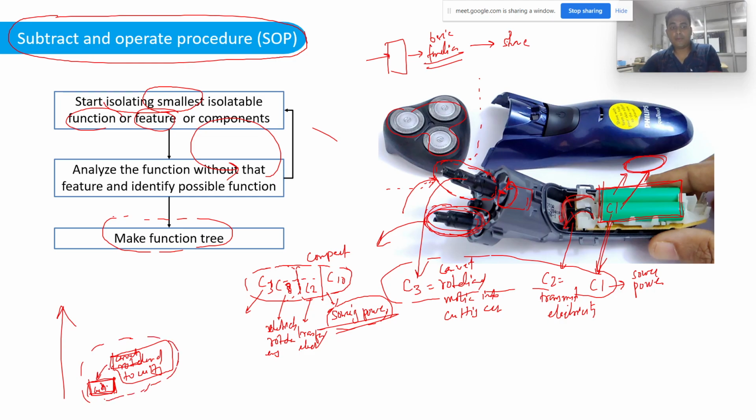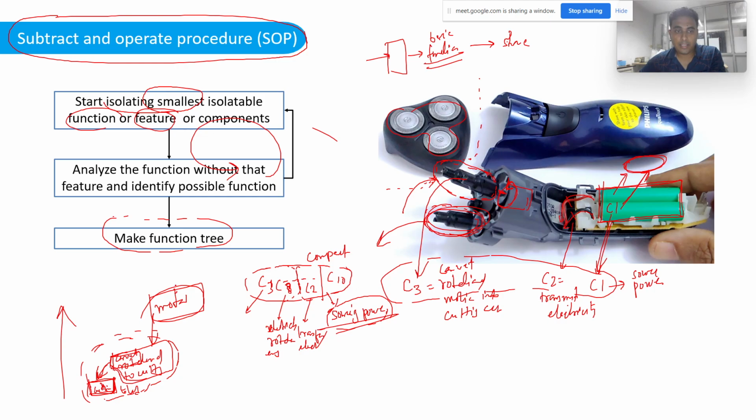That means, hierarchy-wise, this is above the cutting blade. Likewise, when you next remove the motor, you understand that both these functionalities are not working.